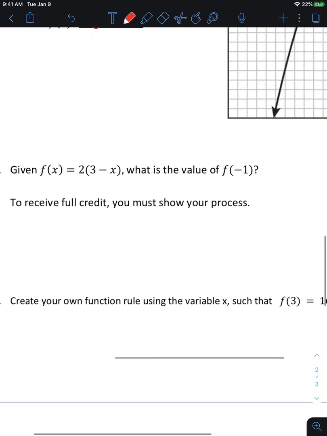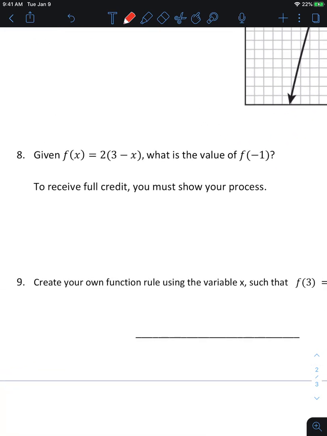Okay. So number 8. It says, given f of x equals 2 times, remember if it's in parentheses, that means multiplication, 3 minus x. What is the value of f of negative 1? Well, remember, f of negative 1, it says x equals negative 1, so we're going to substitute that in.